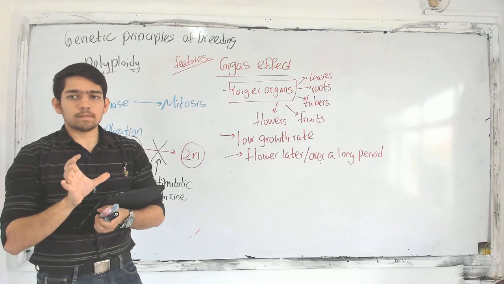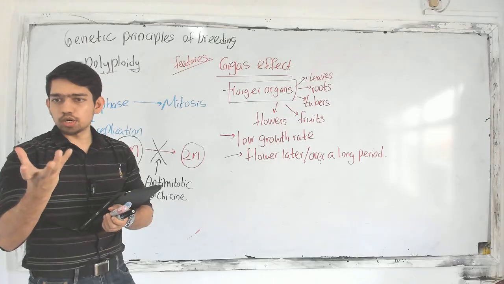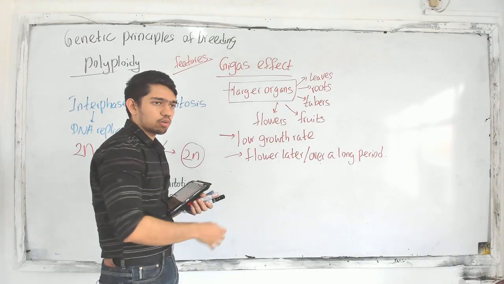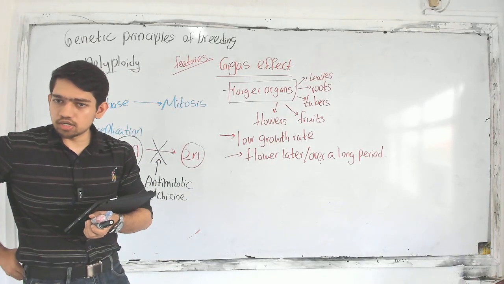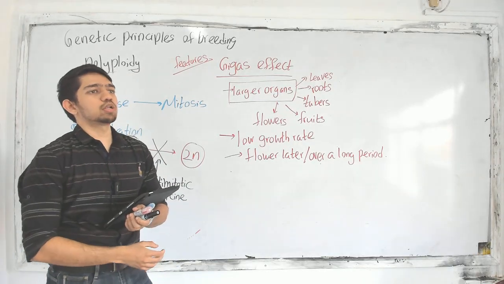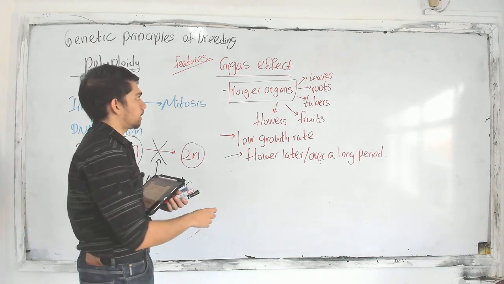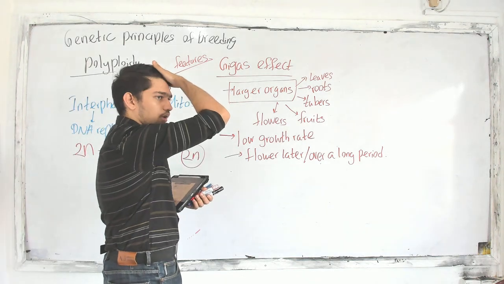Let's say for a large duration of the year, the plant is producing flowers. This is good for an ornamental flower, like a rose variety. It's good to have a rose variety that is producing flowers most of the year. You can have it by having this polyploid.